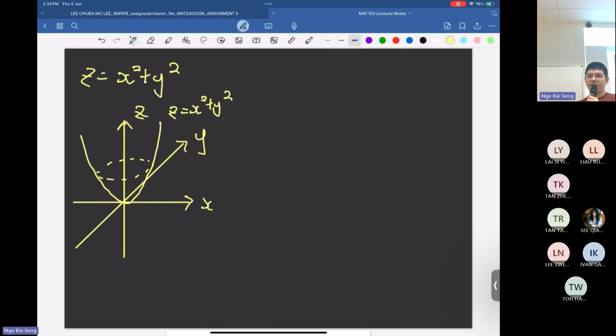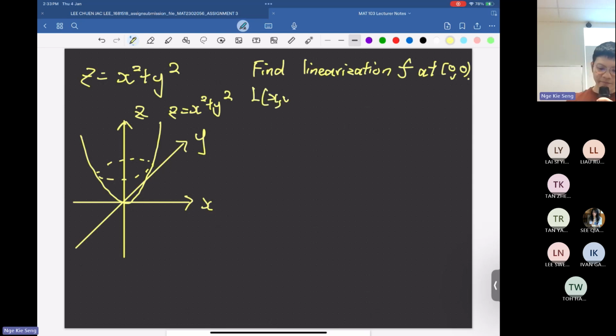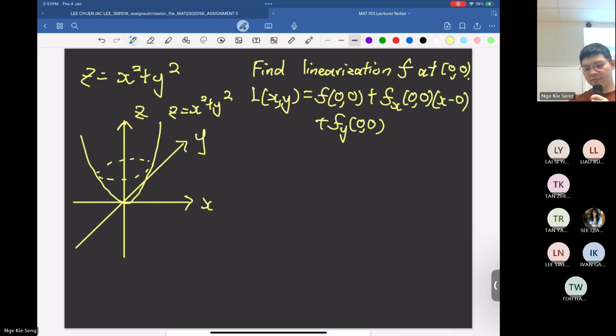Let's say we want to find the linearization of f at the point (0,0). How to find this? We have the formula, right? L(x,y) equals f(0,0) plus fx(0,0) times (x minus 0) plus fy(0,0) times (y minus 0).